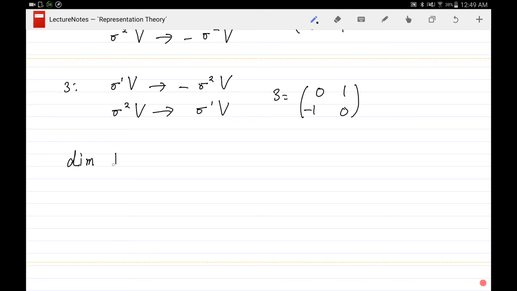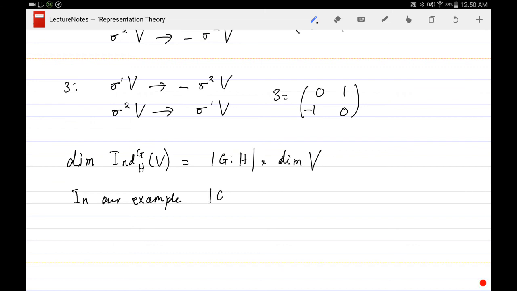So the dimension of the induced representation from H to G, well, it's going to be the number of cosets in G times the dimension of V. In our example, the number of cosets is 2, and the dimension of V is 1, and so the dimension of the induced representation is equal to 2.